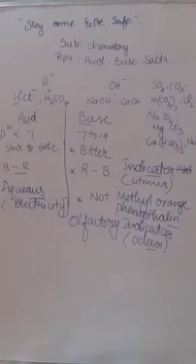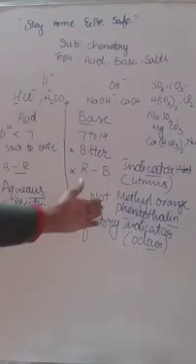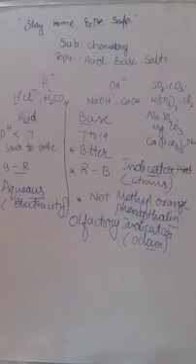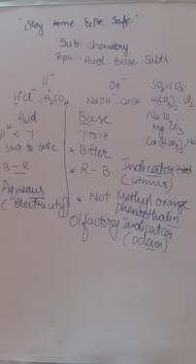Natural indicators means the substances which change color naturally. Example, litmus paper. Synthetic indicators means they are prepared in a laboratory to test acids and bases. A good example is methyl orange and phenolphthalein. And olfactory indicators are the substances whose odor changes in acidic or basic media.